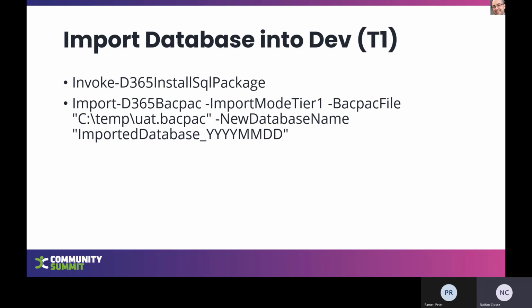But once you've got that installed, you can take your bacpac from your LCS asset library, and then execute the command that you see on your screen, and that'll stage it to be ready for consumption inside your developer environment. So what this specific command is doing is restoring a bacpac into your tier 1 environment with a new database name. So you can continue to work as you normally would.